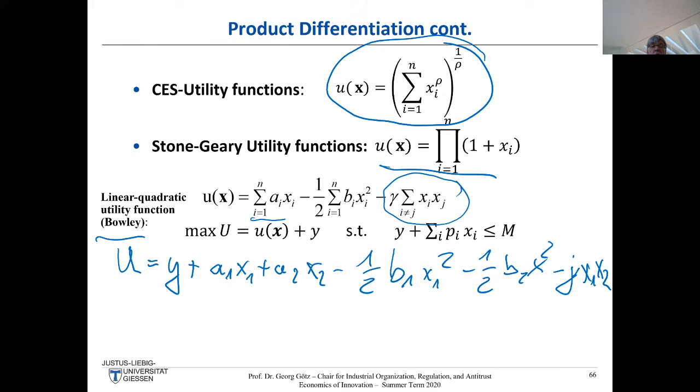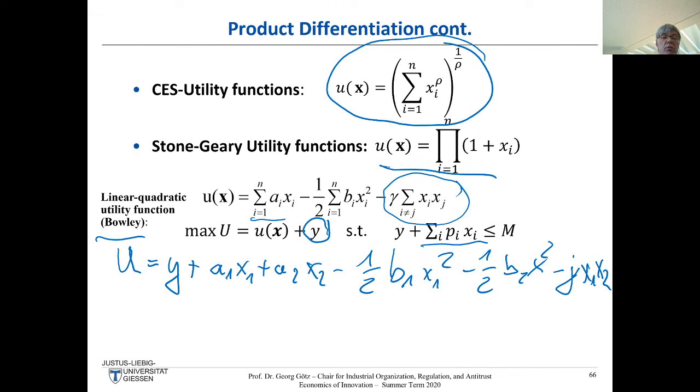Hopefully you can also read the last part here. What if you want to maximize utility? Usually you start with a Lagrangian approach, but here it's much easier because you see the Y enters linearly. You can just substitute Y by M minus p1 x1 minus p2 x2.